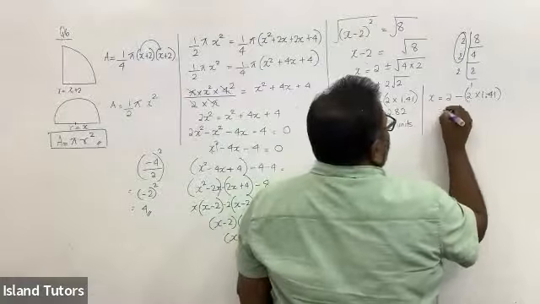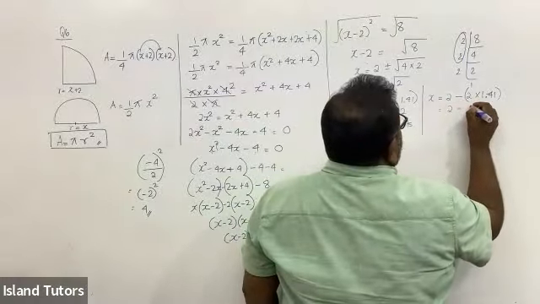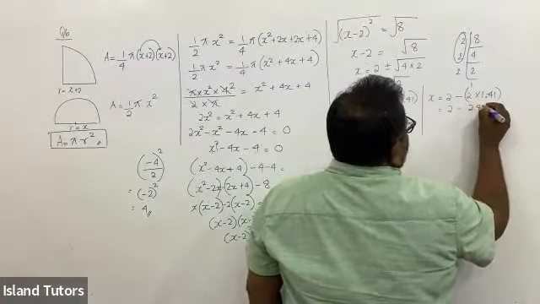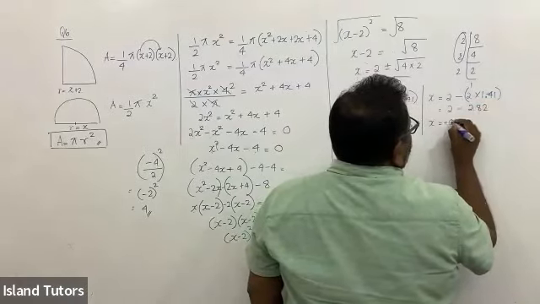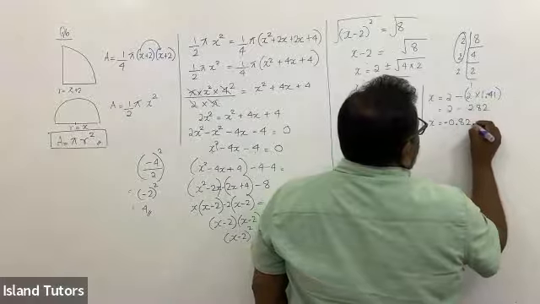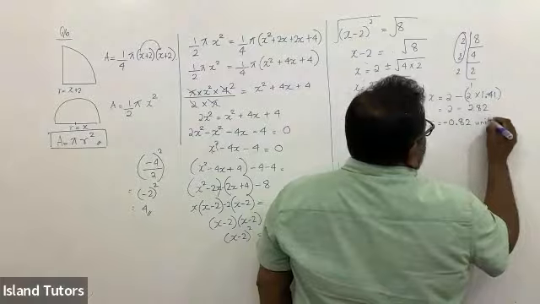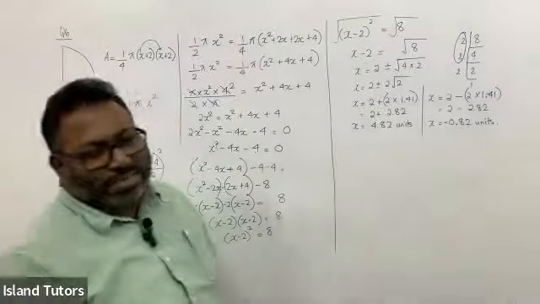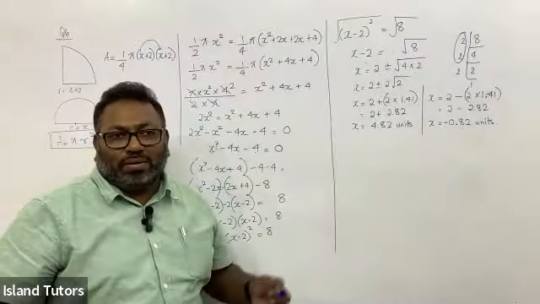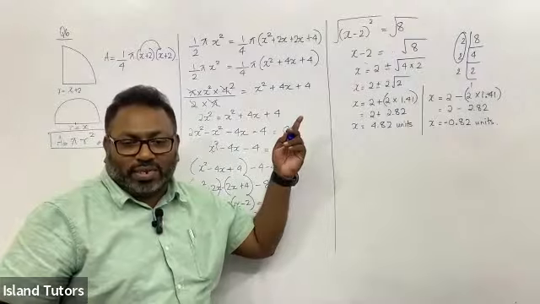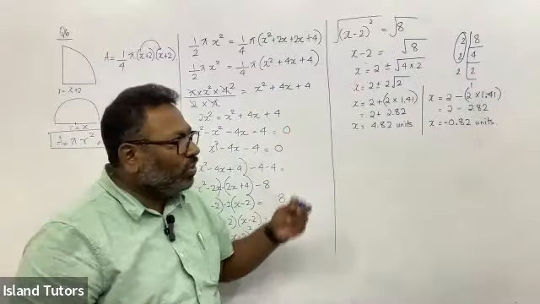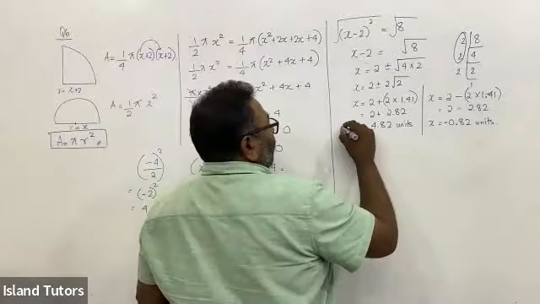So x therefore is 2 minus 2.82, which is x equal to minus 0.82 units. So x cannot be a negative value because we are looking at length. No, length can't be a negative value.